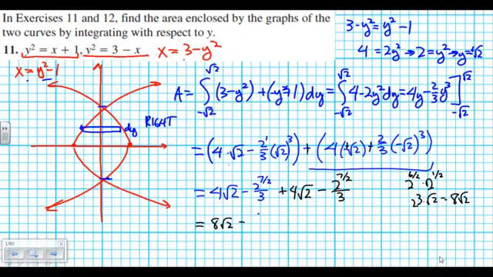So right here I have 8 root 2 over 3, and I have another subtracted 8 root 2 over 3, which means I've got a total of 16 root 2 minus 8 root 2 minus 16 root 2 over 3. Or, if I find a common denominator, that's 24 root 2 over 3 minus 16 root 2 over 3, which gives me 8 root 2 over 3. And that's problem number 11.